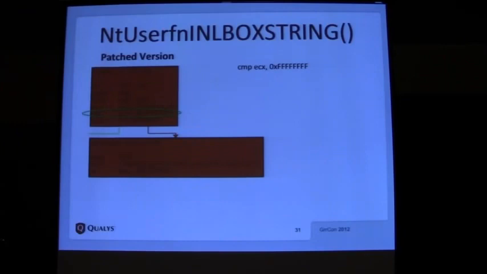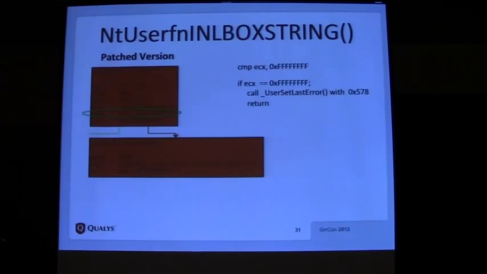So let's see what's going on. If ECX is -1, a function call is made to SetLastError with code 578h, and then it returns. So in the unpatched version, there was no comparison of the first argument with -1 or anything. Whatever argument is passed to that function, it happily accepted and continued processing.